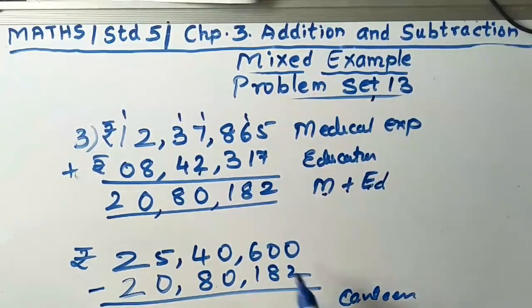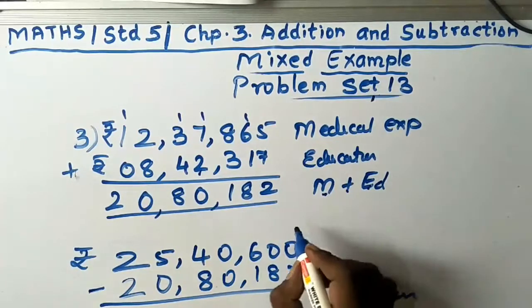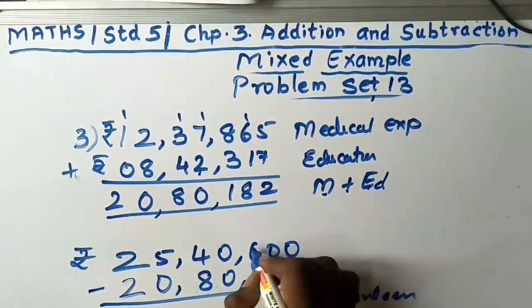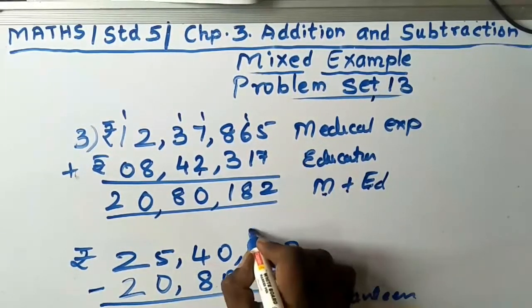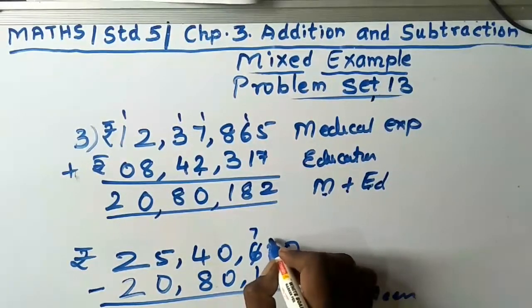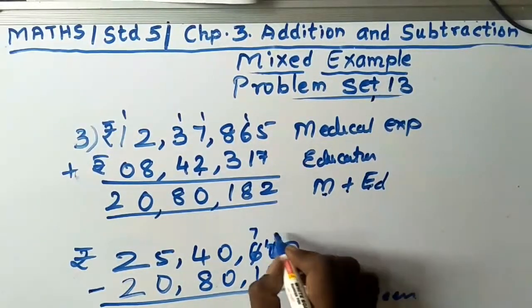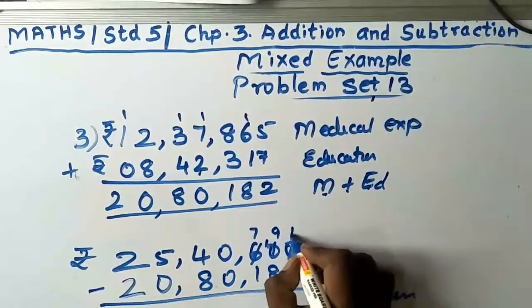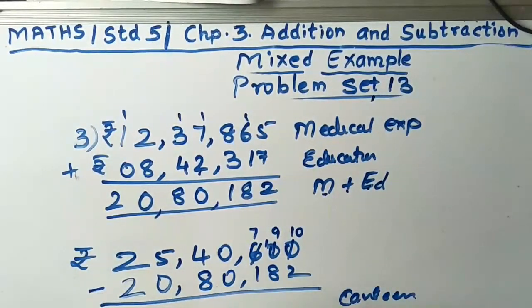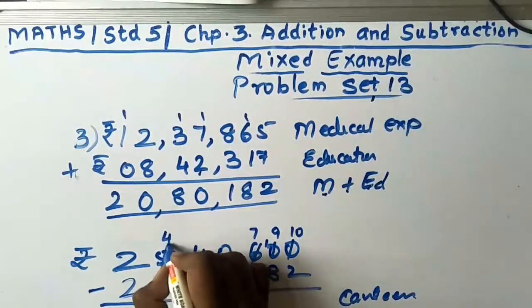Subtract it. 0 minus 2 will not go. 0 minus 8 will not go. 6 minus 1, I will subtract 7. This will become 10. So 1 went from 10, so 9. This will also become 10. 0 minus 0 is 0. So 4 will not go in 8. 4.